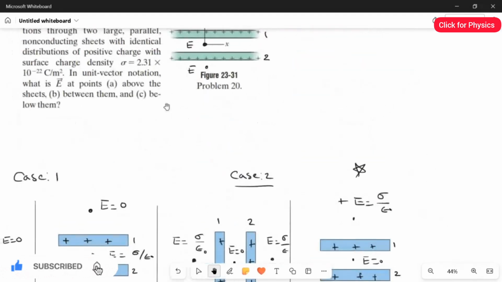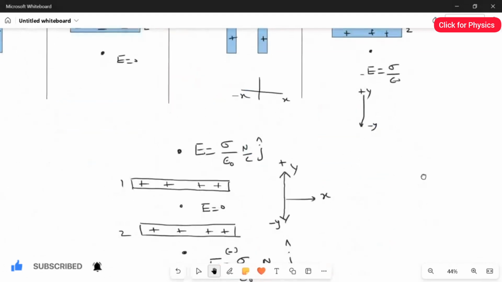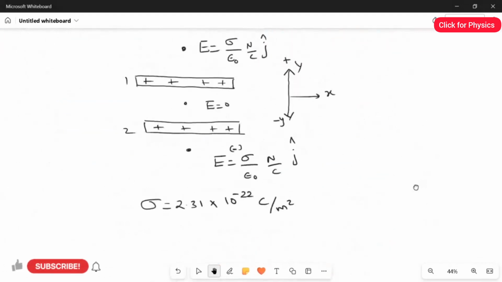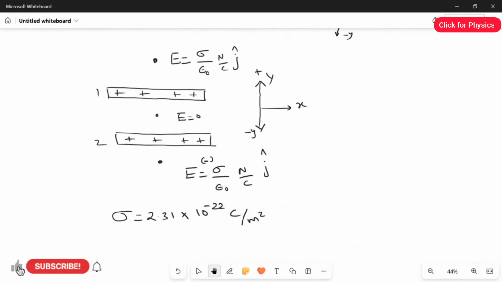So let's see the question. 2.31 multiply 10 power minus 22. So the values are correct, right? So now I have to calculate location A. So what is our location A? Top of the sheets. So for location A, I'm going to substitute the value in this formula, E equals sigma over epsilon naught.